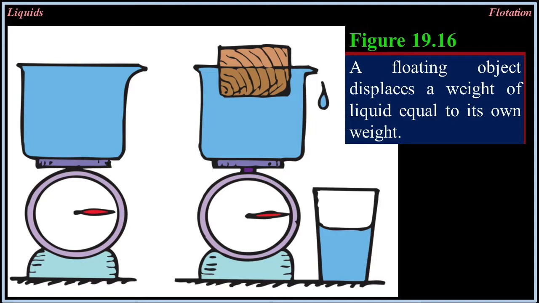Figure 1916 demonstrates a simple experiment you can do to test the principle of flotation. Every ship must be designed to displace a weight of water equal to its own weight. Figure 1916: a floating object displaces a weight of liquid equal to its own weight.